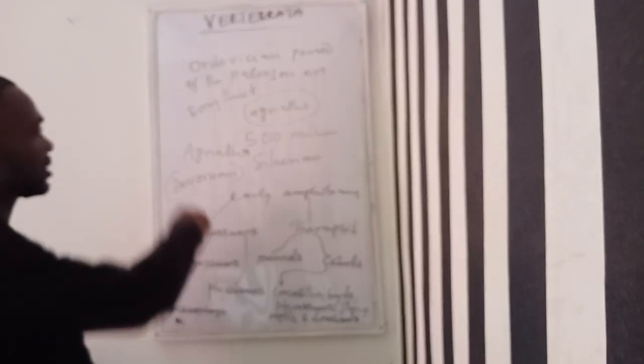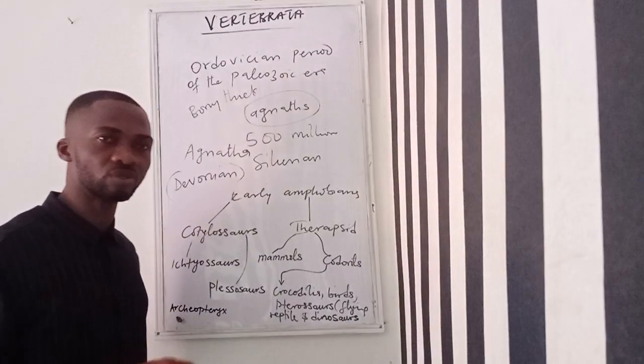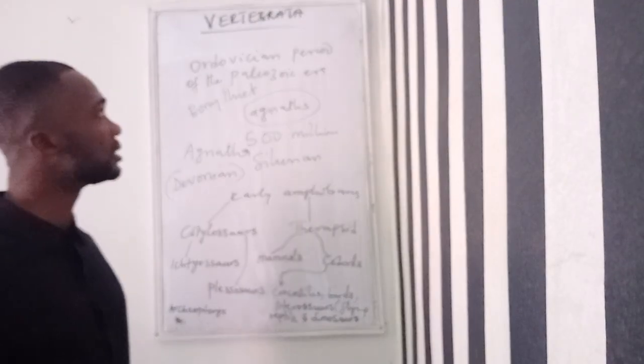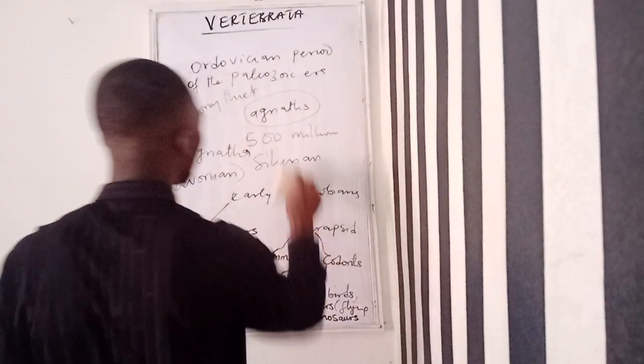They began to dwindle. And as a matter of fact, before the end of the Devonian period, they all went into extinction. But one thing happened before they went into extinction. Before they went into extinction, they gave rise to two different representatives.